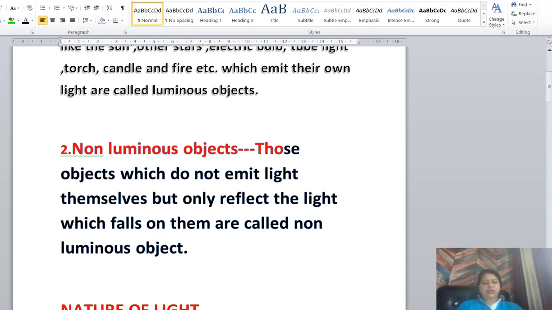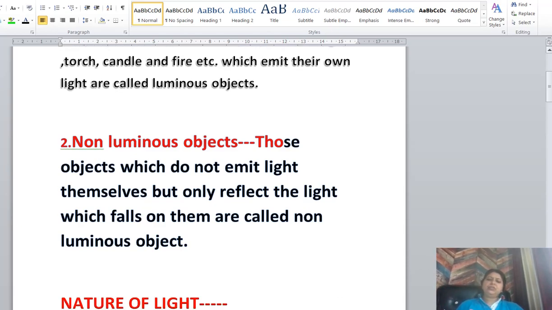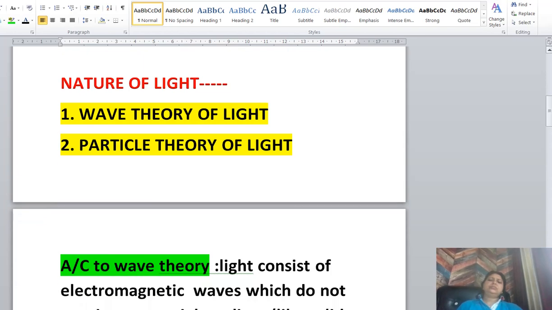Now my next topic is the nature of light. ये क्या है? You know there are two theories to define the nature of light. First, the wave theory of light, and second, the particle theory of light. अब I will explain both theories one by one.